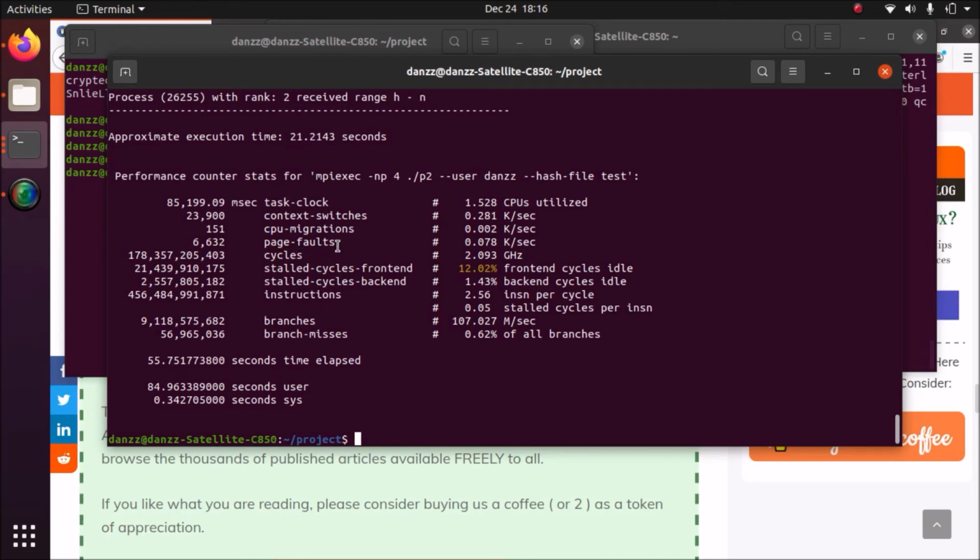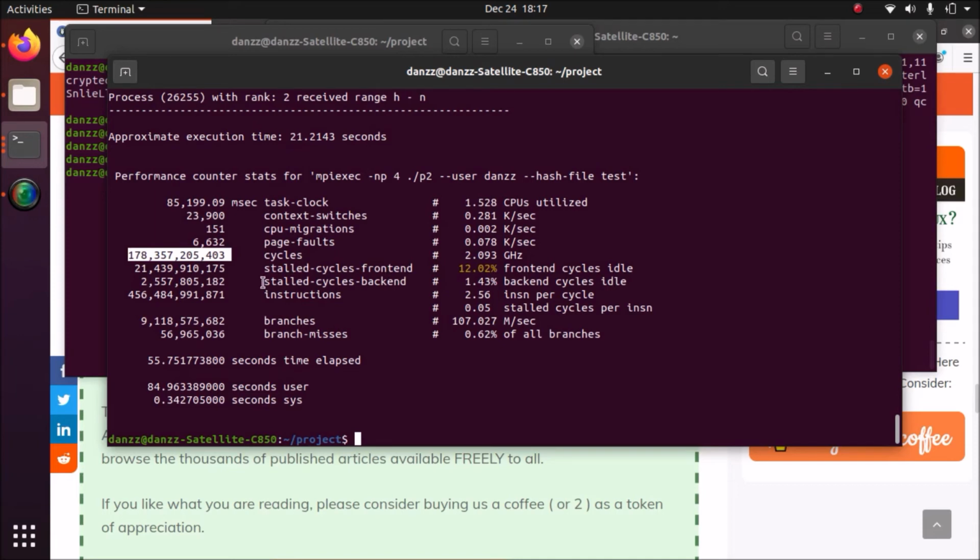So next is page faults. Page faults are the virtual memory misses for the operating system. So it had this many page faults during the execution. Now the cycles. The cycles basically tell the number of CPU cycles that were consumed during the execution of this program. So there were this many cycles. And stalled front end, stalled back end cycles.